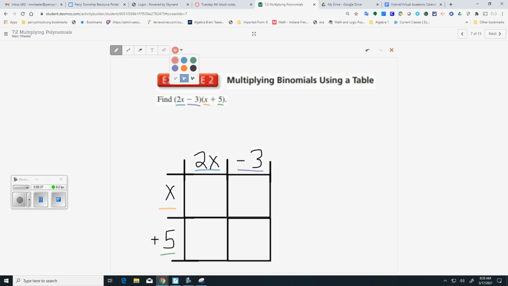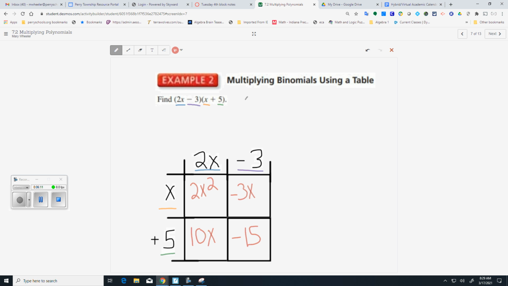So 2x times x would be 2x squared. 2x times 5 would be 10x, and then x times negative 3 would be negative 3x, and then positive 5 times negative 3, negative 15.